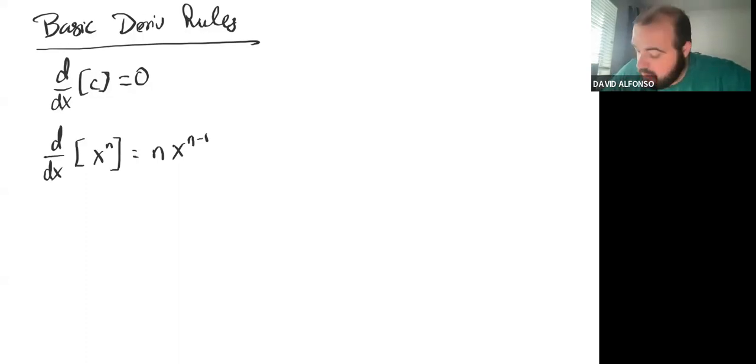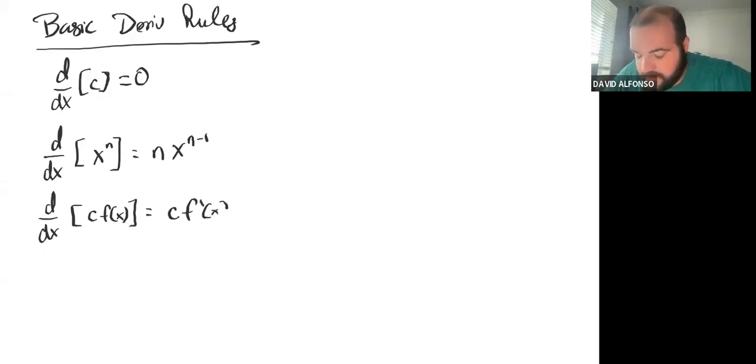If you have a constant multiple, you can just multiply the constant to the derivative of the function.